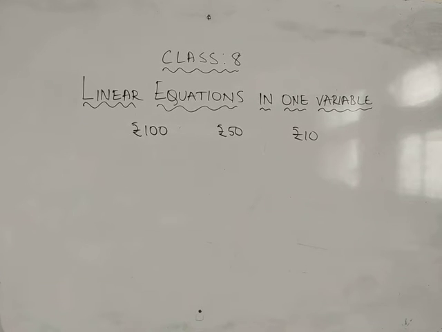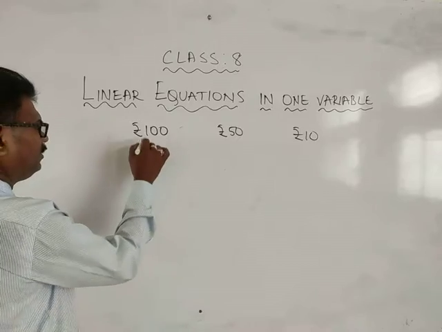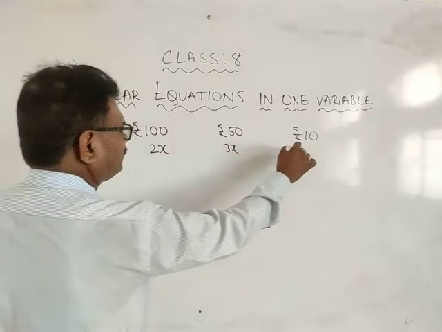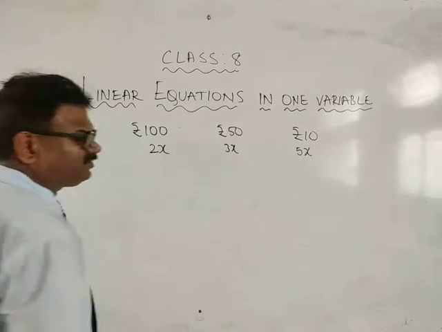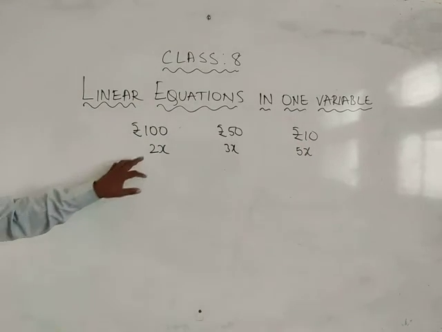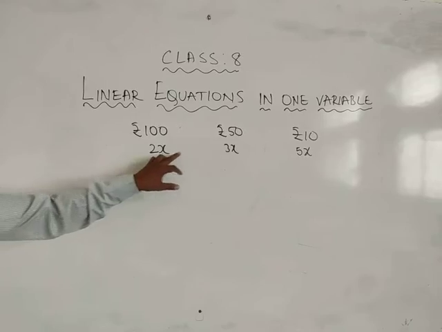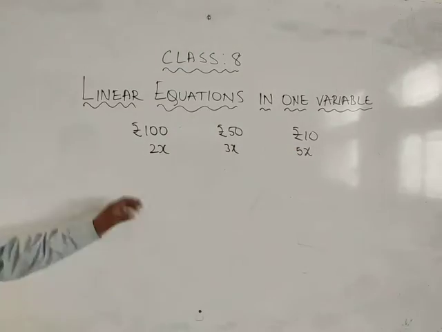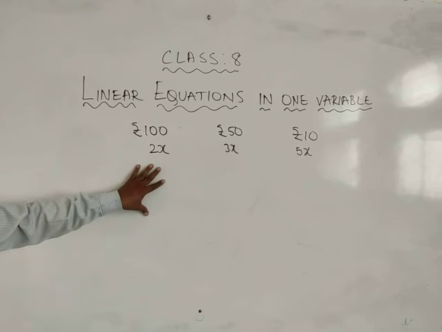The ratio of the number of these notes is 2:3:5, meaning 2x, 3x, 5x. How many notes are there? 2x notes, 3x notes, 5x notes. Now we want the total amount, so what do you have to do?